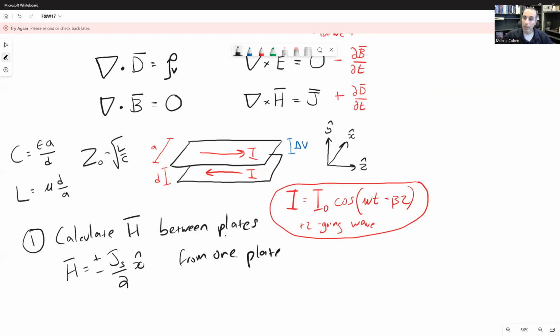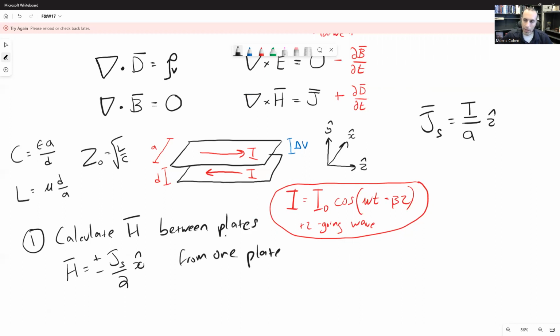All right, now let's make a little substitution right here, because Js, we know what that is. That's going to be the current I divided by A, the width of the plates. That's going to give us the surface current density, and we know it's going to be pointed in the z direction.